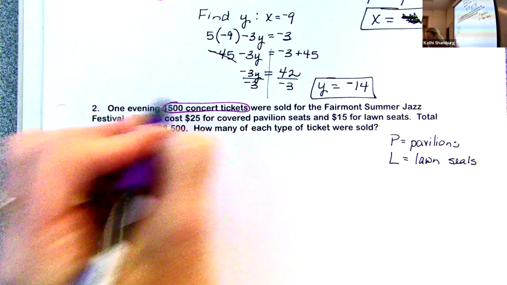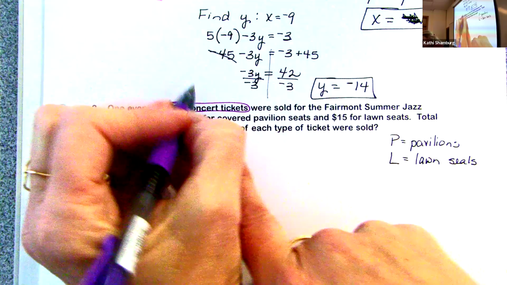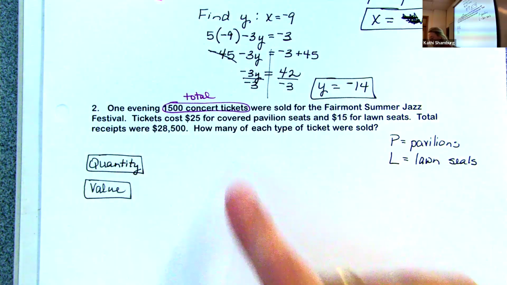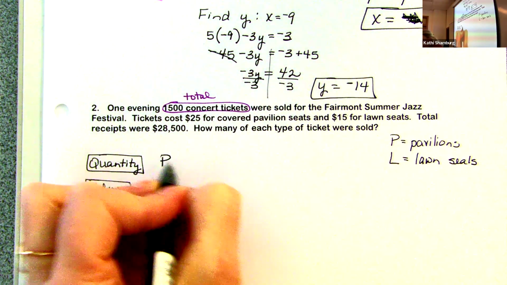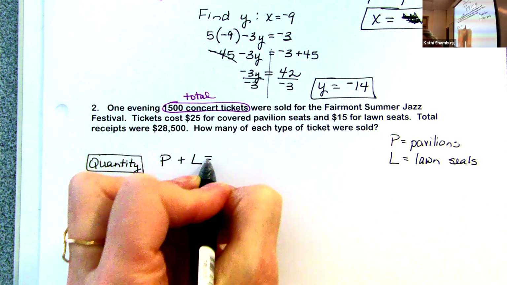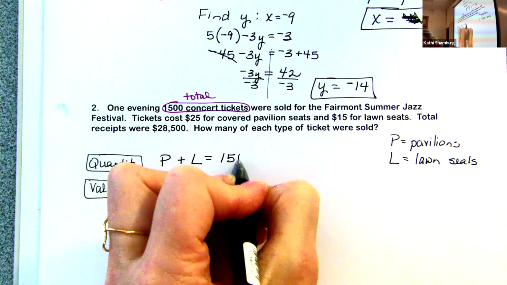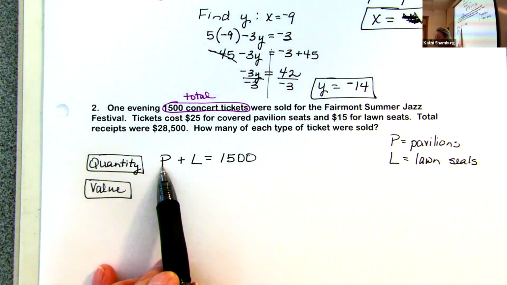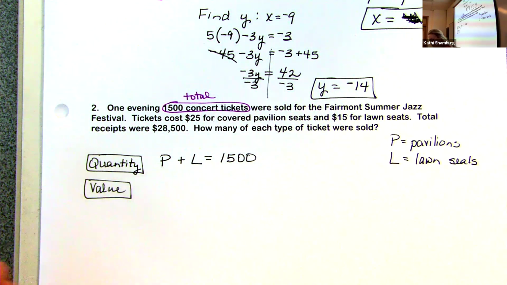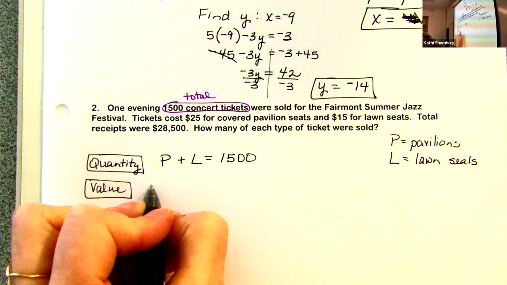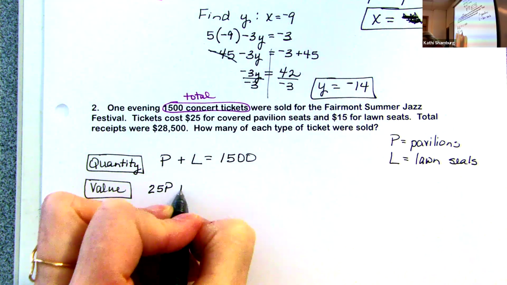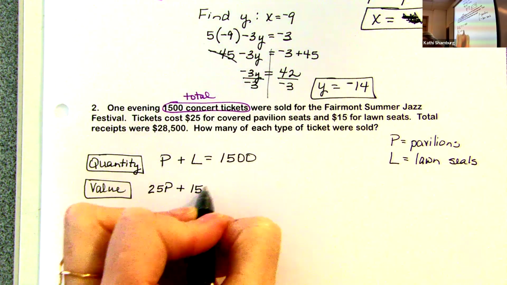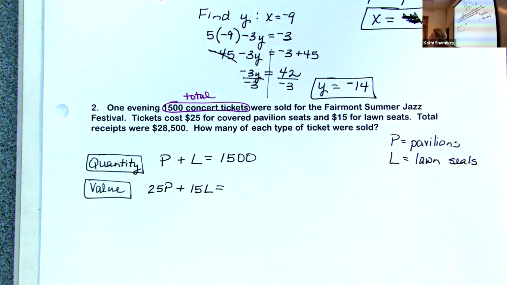And what do they tell us? What is this? Total tickets? So it's just saying, okay, my pavilion tickets plus my lawn tickets is my total of 1,500 tickets. All right, let's put a value on pavilion. How much were the pavilion tickets? So that would be 25p plus what's the value of the lawn seats? 15. So 15L, and what was the total value?